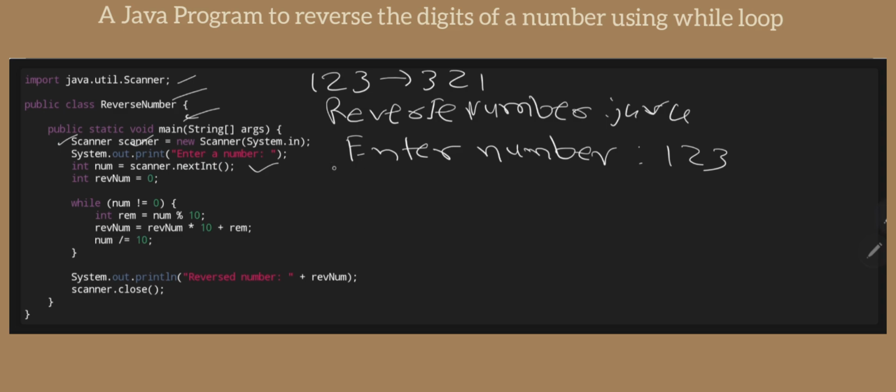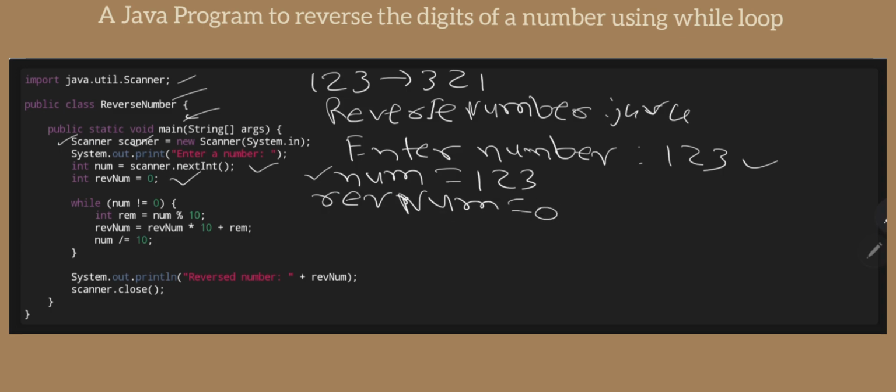So using this line we have taken num equal to 1, 2, 3, and this number is stored in the num variable. Now initially we don't know, so revNum equal to 0. Here we have taken reverse number equal to 0.